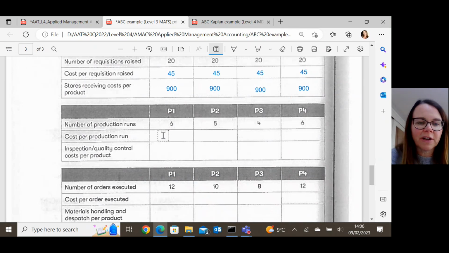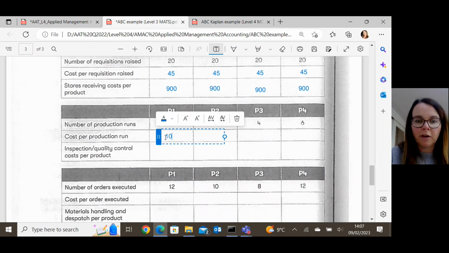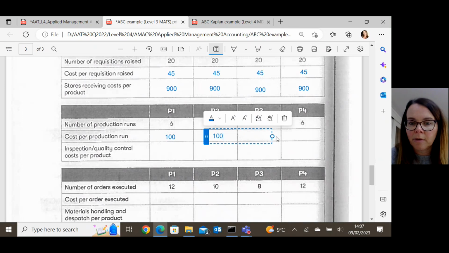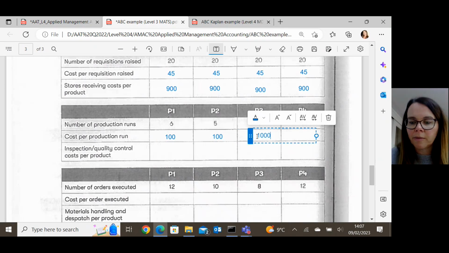And same again. Right, number of production runs. So this is on production runs again. So cost per production run for the inspection and quality. So I'm just looking back to my answer to part A was £100. So I'm going to put that 100 in across all of those.